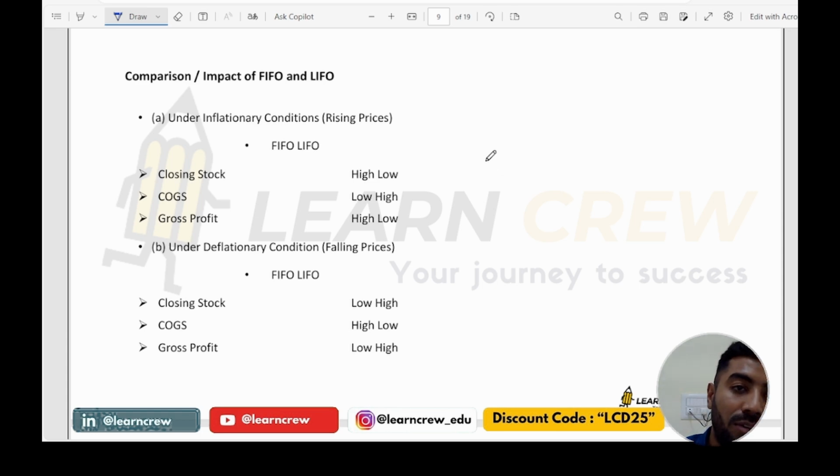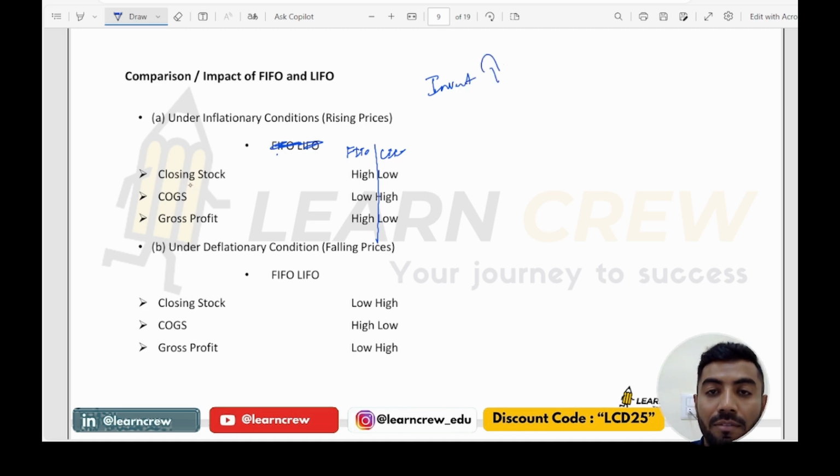Comparison or the impact of FIFO and LIFO. Under inflationary conditions, when the prices of inventory are rising, what will happen?